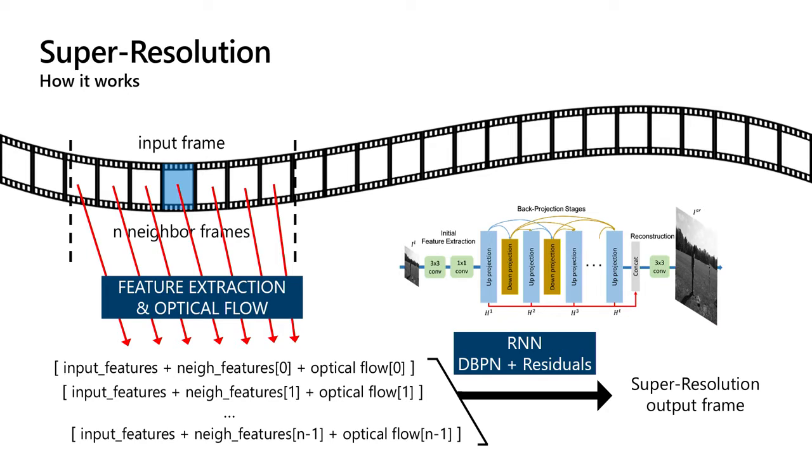This enables us to overcome issues like fast movements, blurring, and pixel obfuscation. So for each single frame, we take n neighbor frames and obtain a super resolution one.